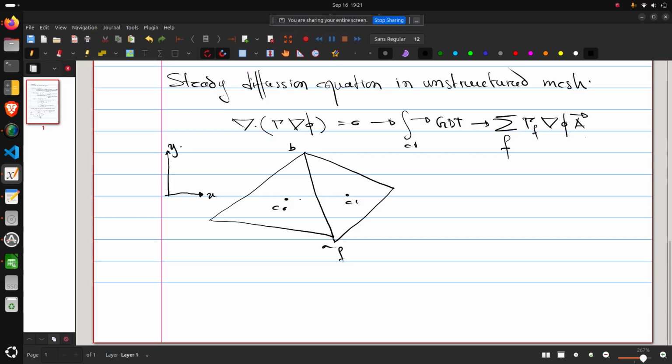And in this case, if you look carefully, the distance between the, okay, let me just draw it in another way.